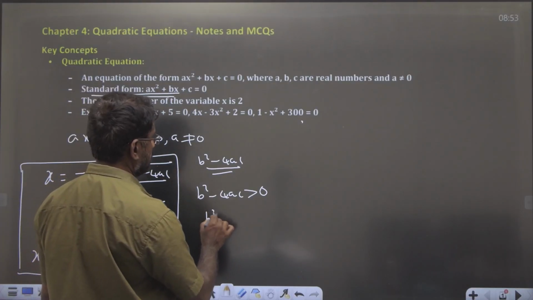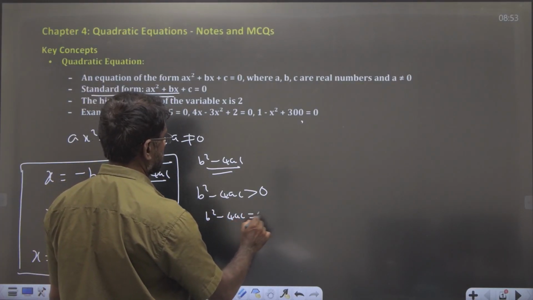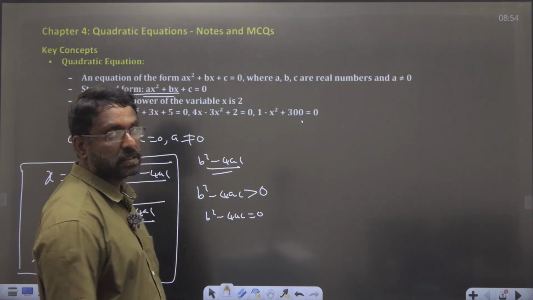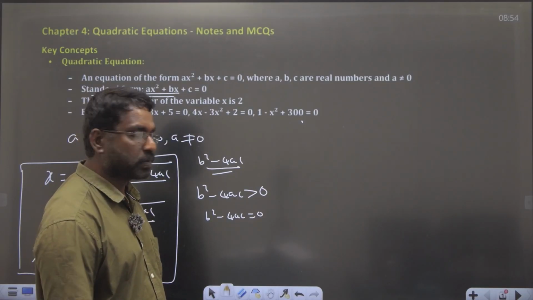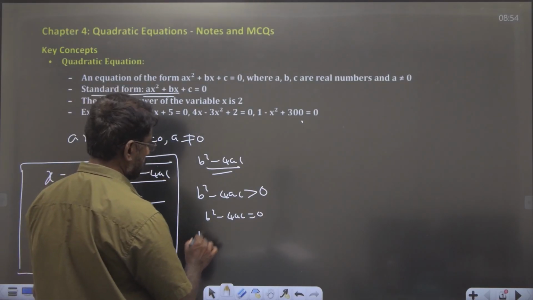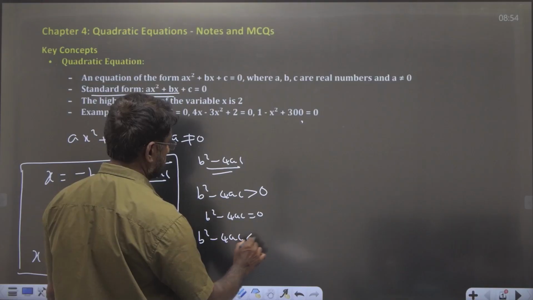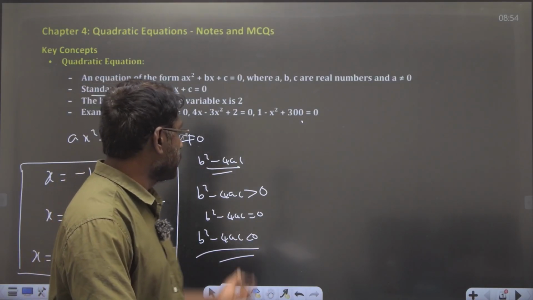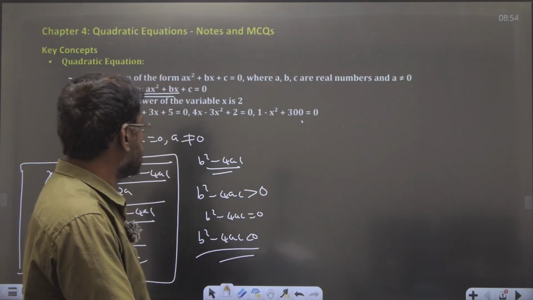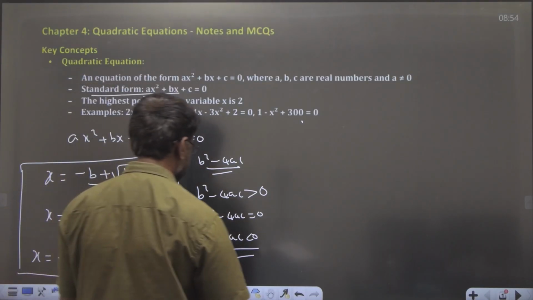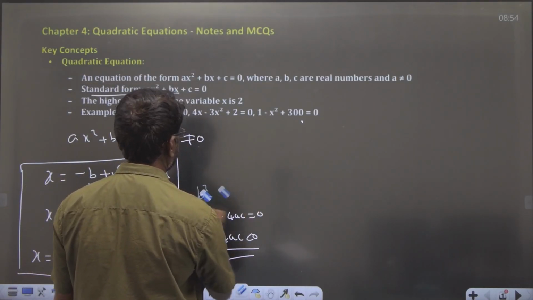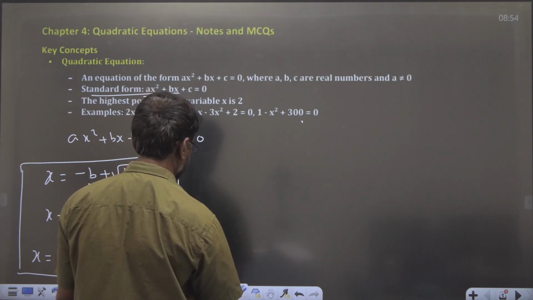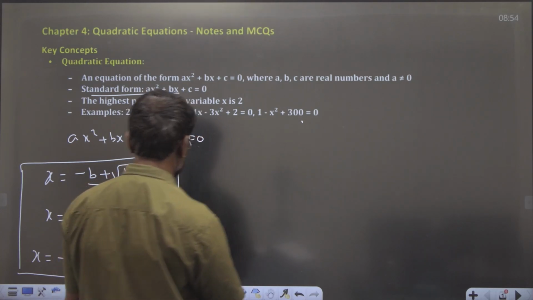If b square minus 4ac is equal to 0, there exist identical equal roots, same roots. If b square minus 4ac is less than 0, there exist no real roots. Already we discussed it in the last class. Using the quadratic formula, how can we solve these questions?